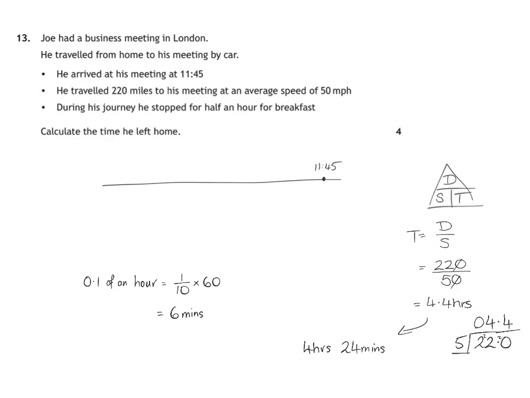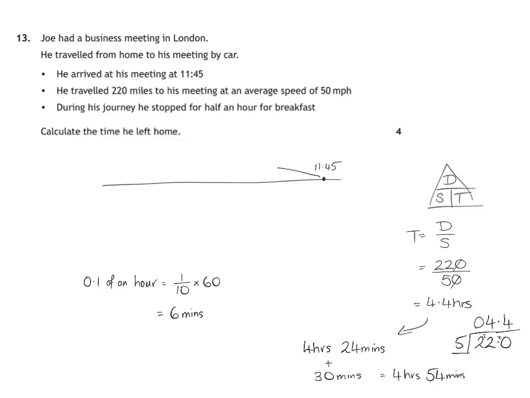And then we also know that it stops for another half an hour as well for his breakfast, so plus another 30 minutes. So total time taken is 4 hours and 54 minutes. So we need to work back there.